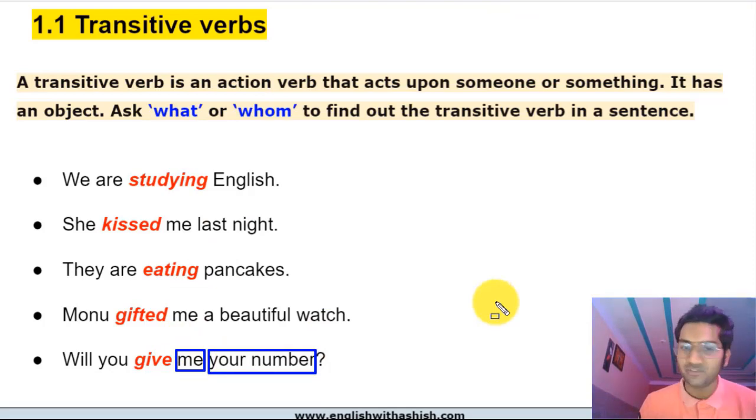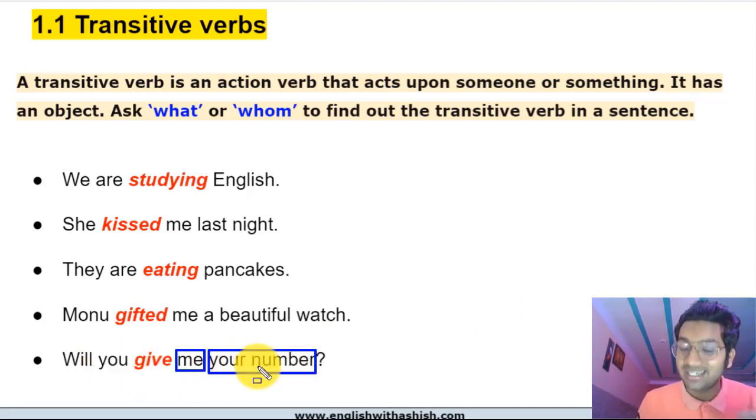So let me tell you the difference between the direct object and the indirect object, right? The indirect object is the person who receives the direct object, and you ask the question whom to find out the indirect object, and it cannot exist without the direct object, right? So will you give me your number? Will you give what? Your number.